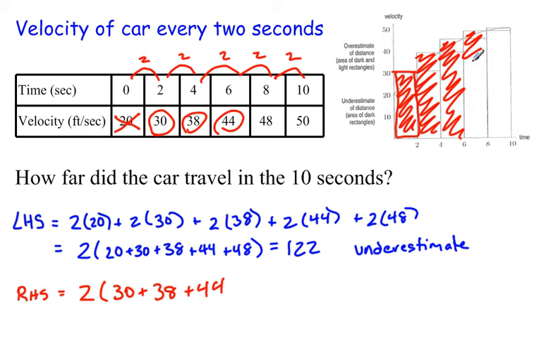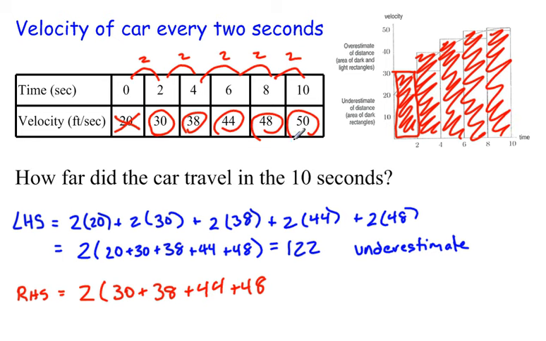This next one has a height of 48. And my last red rectangle, this one here, has a height of 50. And when I work out the math on that, that's going to be 162. And clearly the rectangles are above the curve, so that's going to be an overestimate.